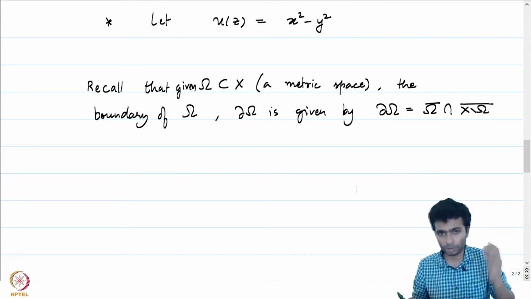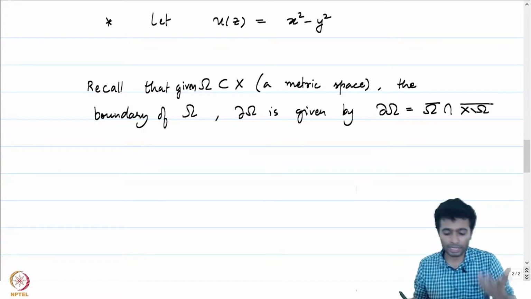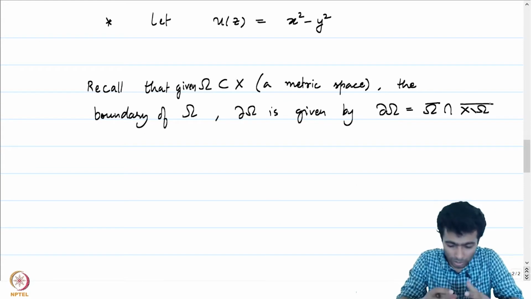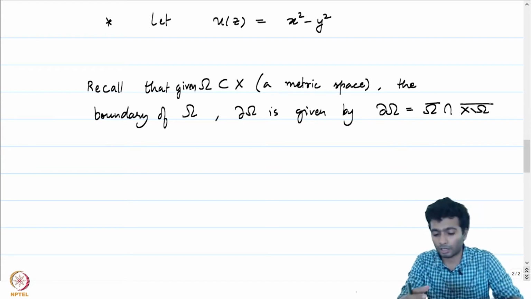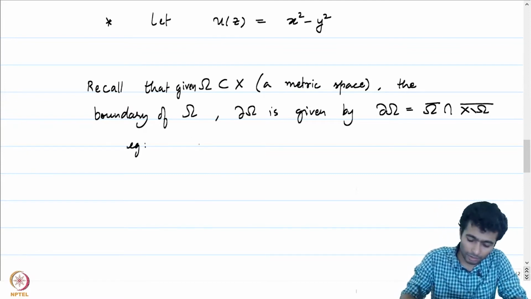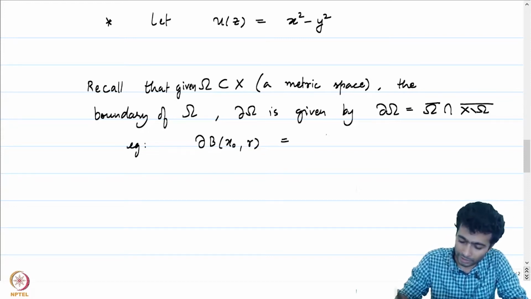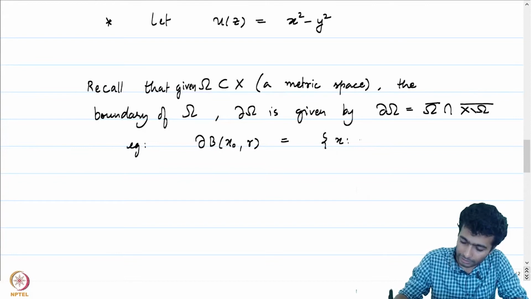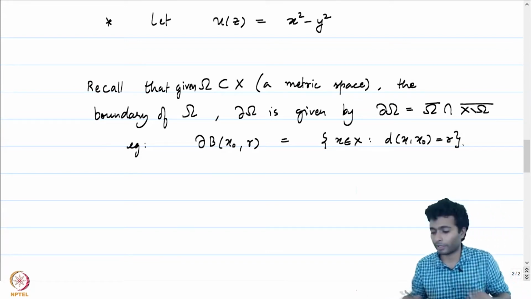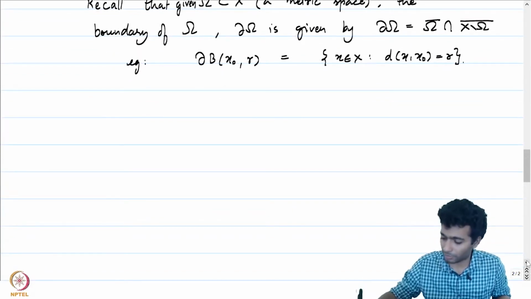So if you intersect the closure of omega with the closure of the complement, whatever we get is the boundary. The standard examples are there. If you look at a ball, its boundary is going to be the circle of radius r. The boundary of the ball of radius r around x naught is just the set of all x in capital X such that the distance from x naught is equal to r. This is exactly going to be the boundary. Let me not spend too much time on this. This is a topological notion which you must be familiar with.